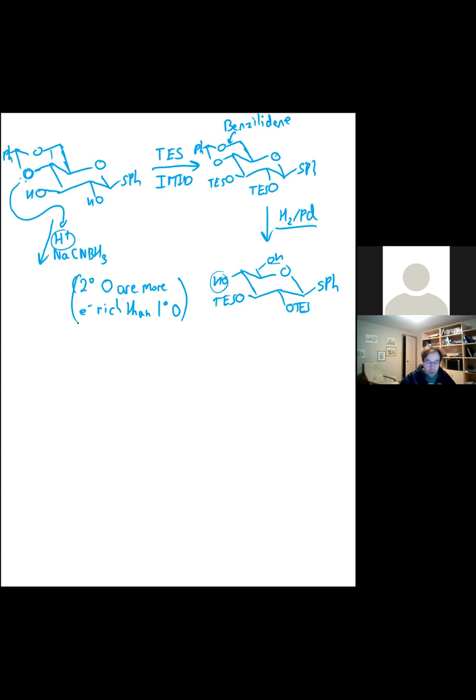So we follow that through. What's going to happen? Well, we're going to protonate that. I really don't want to redraw it, but I really should. And I'm just going to change my arrow so it's going straight down.